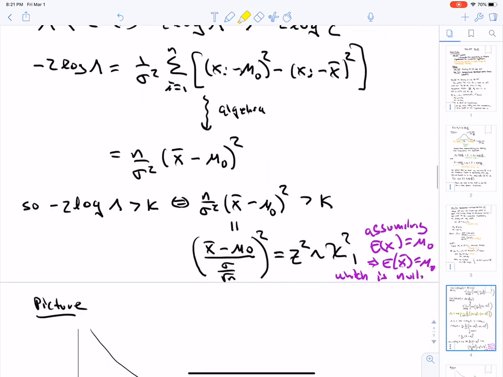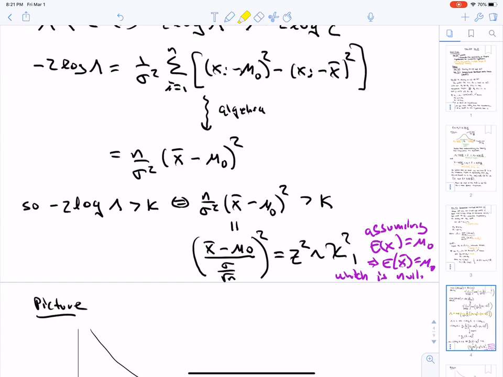And so minus 2 log lambda is greater than k if and only if (x bar minus mu 0) over sigma over square root of n, squared, is greater than k.